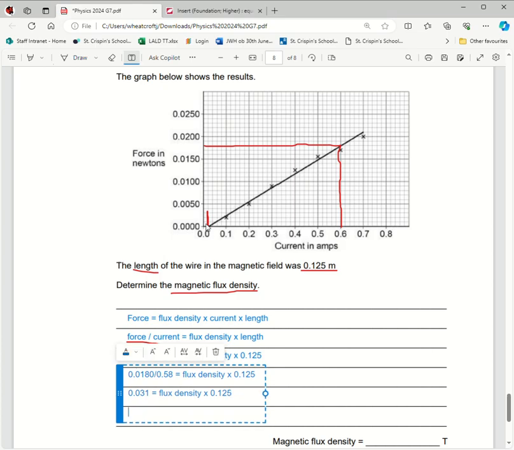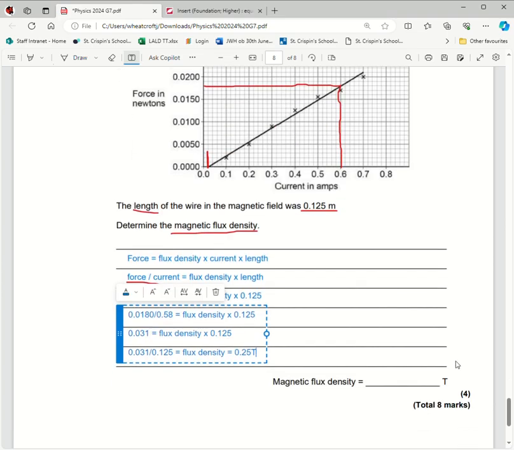And then I can do 0.031 divided by 0.125 equals the flux density. So I have then got an answer of 0.25. And the unit for that is Tesla, but it is actually given to you in the question.